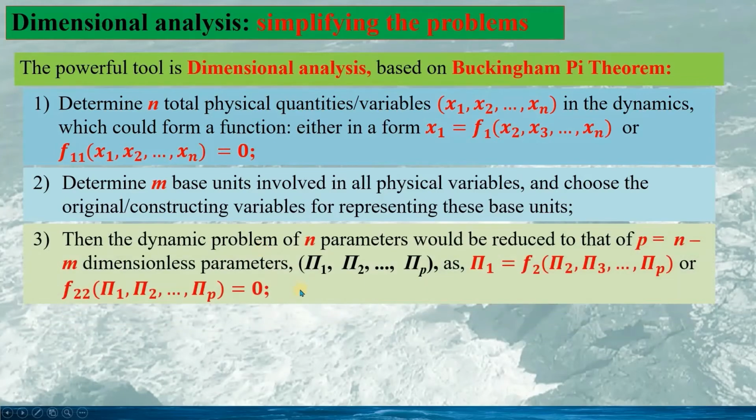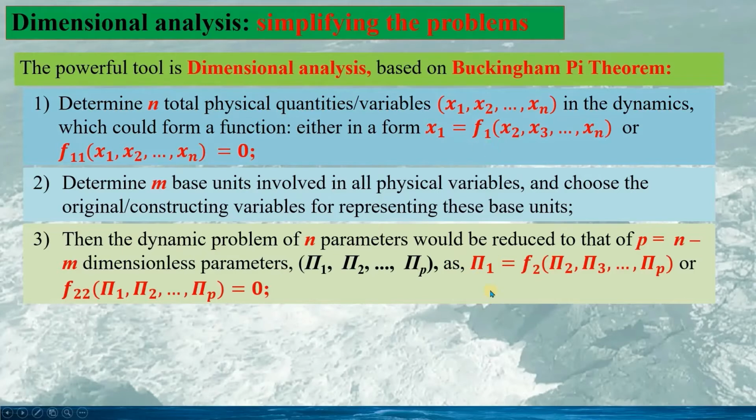After that, we can determine the number of non-dimensional parameters p equaling n minus m. That means we have p non-dimensional parameters pi 1, pi 2, to pi p.